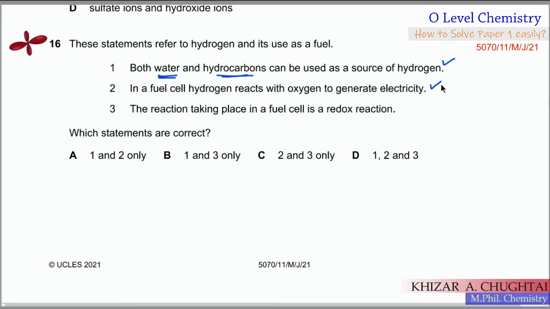Yes, it is true. The third one, the reaction taking place in a fuel cell is a redox reaction. Obviously, all electrolysis reactions are examples of redox reactions. So all options are correct. So D is the correct option.